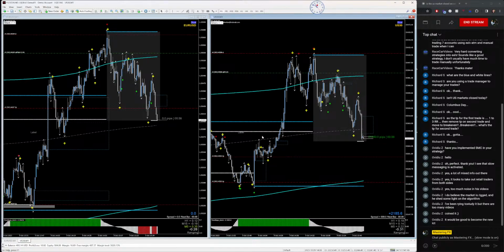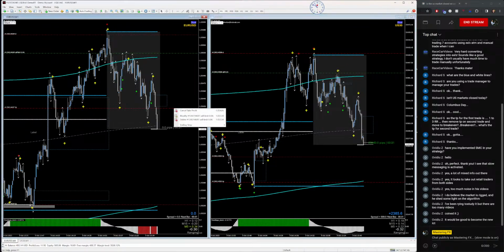Simple as that. So yes, I think I can take this EURUSD off now because we're almost at 11 and we didn't get an entry. So I doubt we're going to come back in 2 minutes. That's very unfortunate.